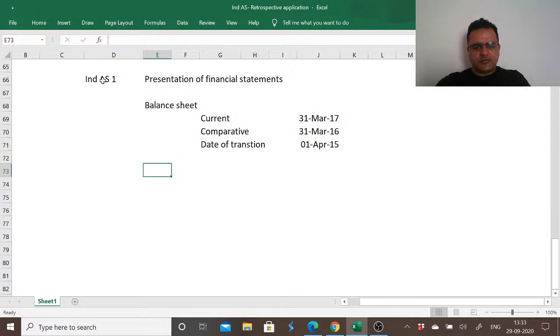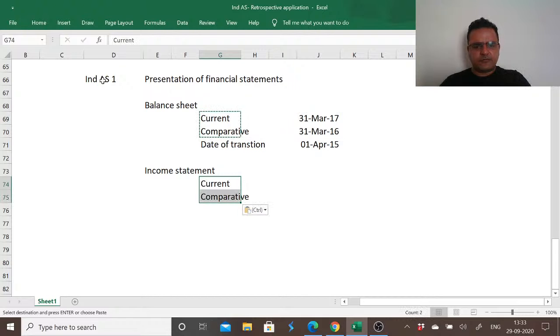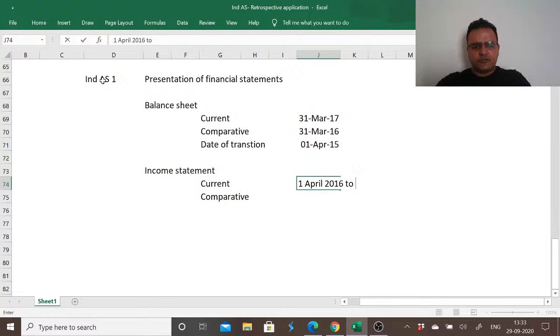Income statement belongs to the periods current and comparative. Current period is from 1st April 2016 to 31st March 2017.